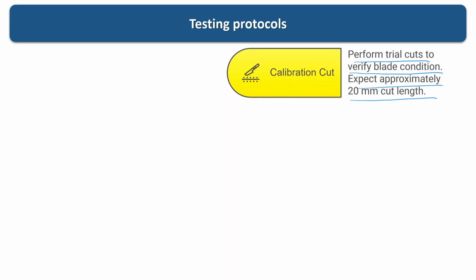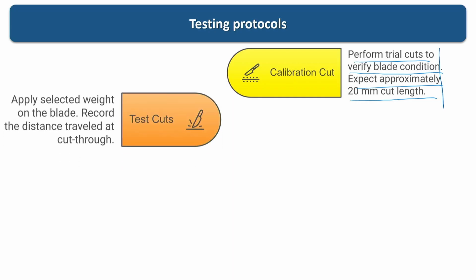So, some preliminary cutting has to be done, a trial cut, then the test cut. Here the system has been calibrated.